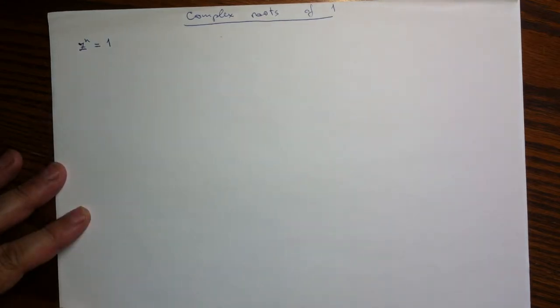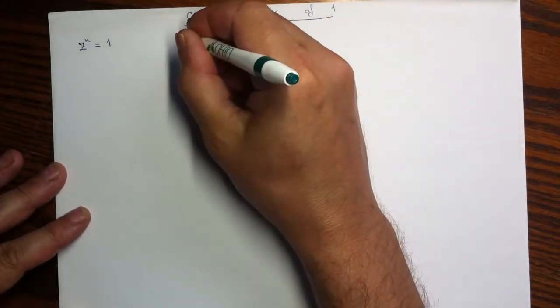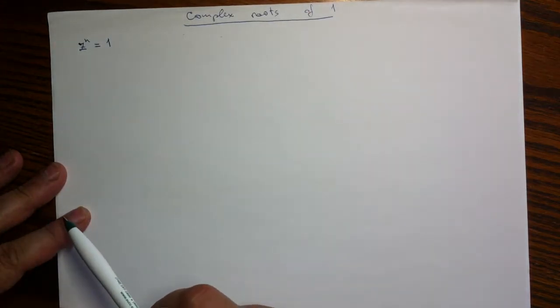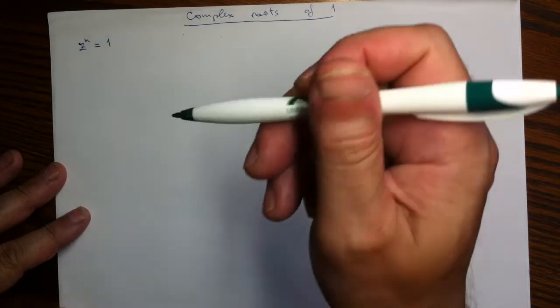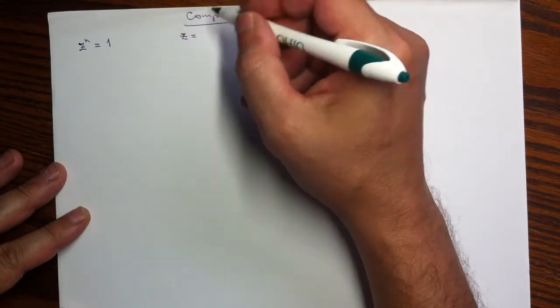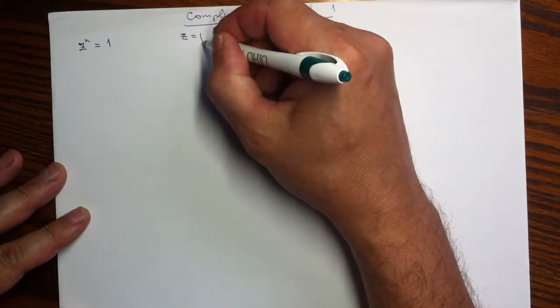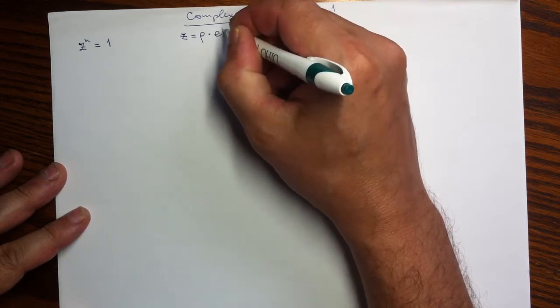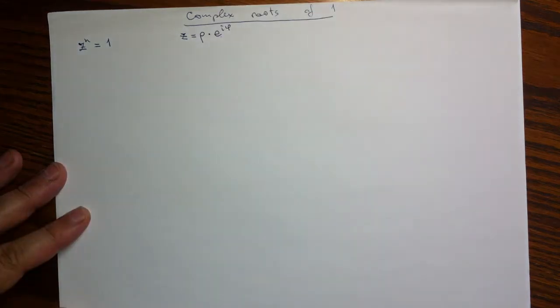The story is going to be very interesting. And for multiplication, the best form of a complex number to be used is the trigonometric form. So let's write our unknown root as a product of the absolute value and, in Euler's notation, this argument phi.